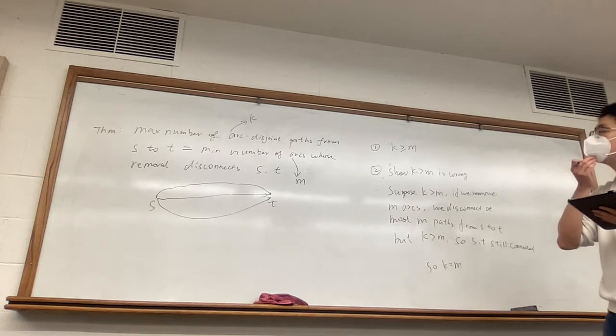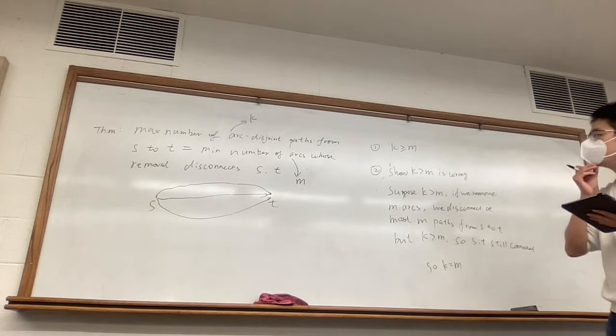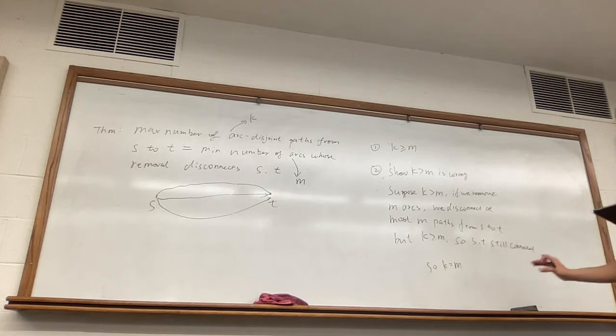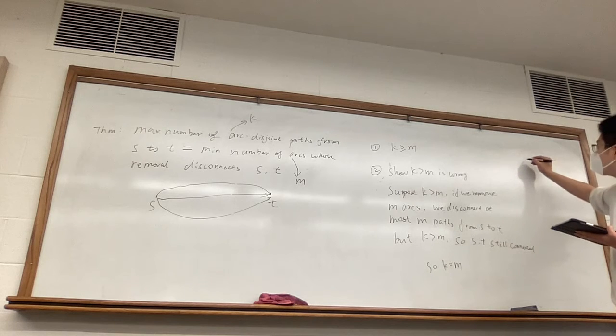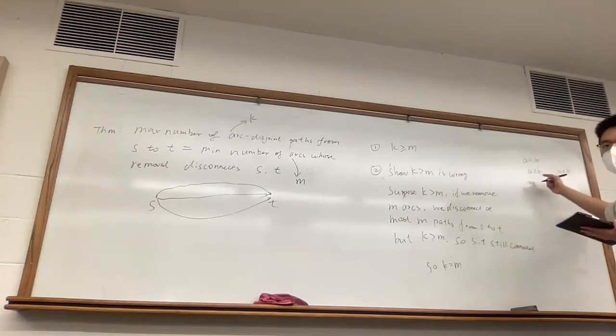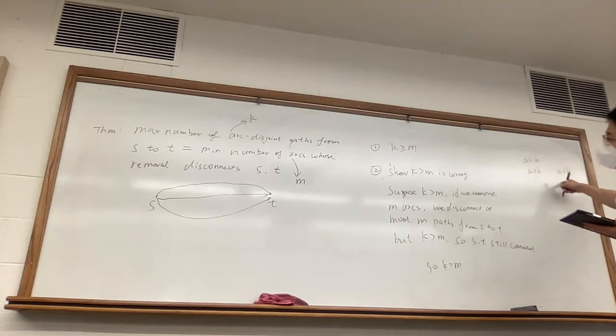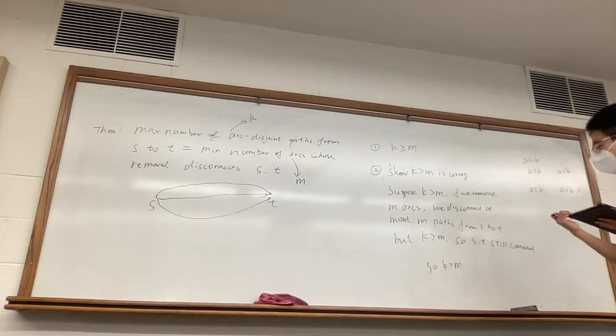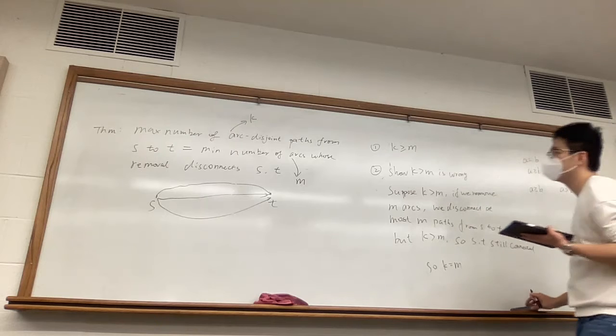If you want to prove something in this course, let's say you want to show A is equal to B, then common techniques include showing that A is greater than or equal to B, and A is less than or equal to B. Then you can conclude that A is equal to B. Or you first show that A is greater than or equal to B, then you show that A greater than B is impossible. Then you can conclude that A is equal to B. These are just techniques.